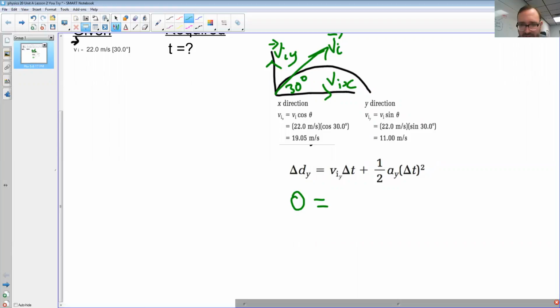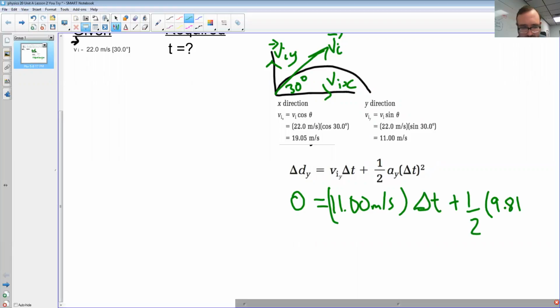Then we have 11.00 meters per second, because that is in the y direction. I don't know the time, so change in time, plus 1/2 gravity, 9.81. Can put negative, but at the end of the day, it's going to be crossed out anyway. And then time squared.